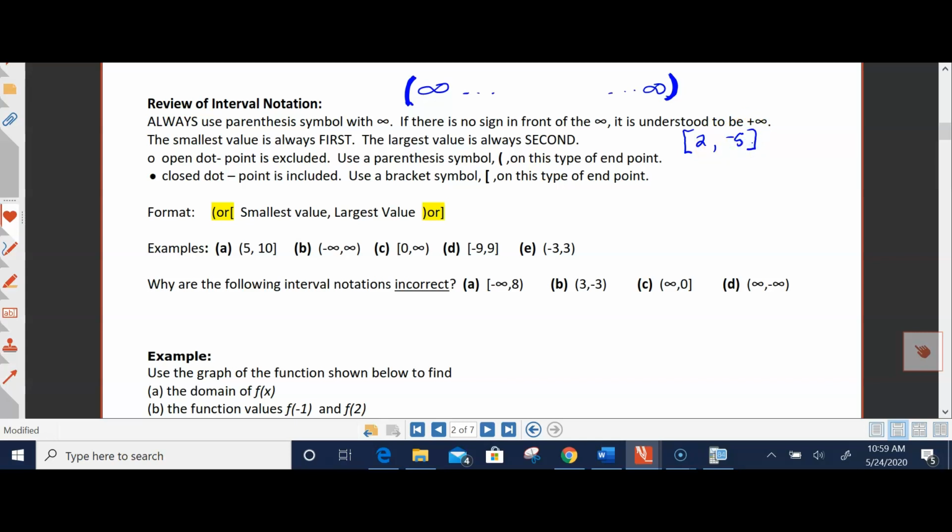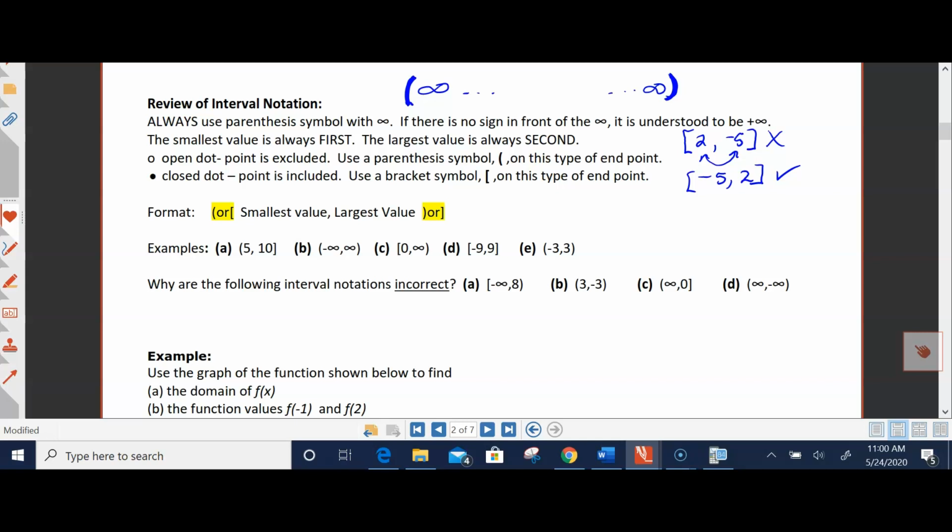That would be an example of interval notation. But it would be wrong because these two are not in number order. When you set up interval notation, you have to have the smallest number first, the largest number second. This would be correct. This would be wrong. Keep that in mind.